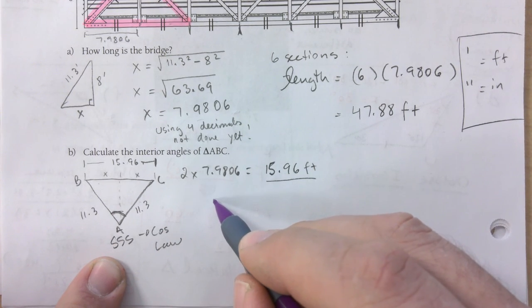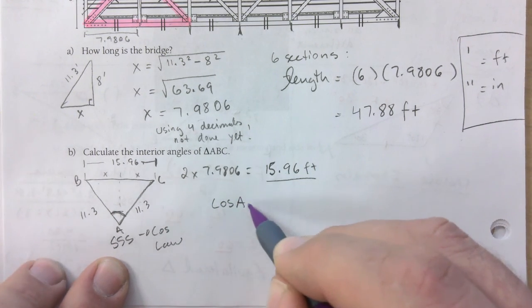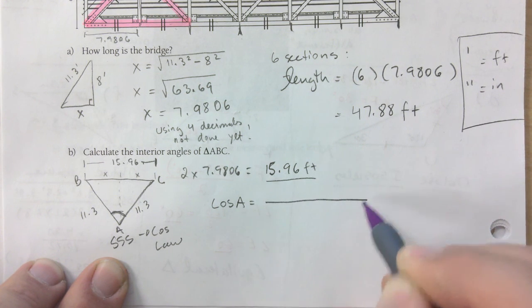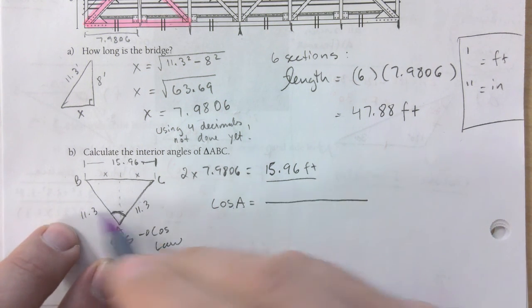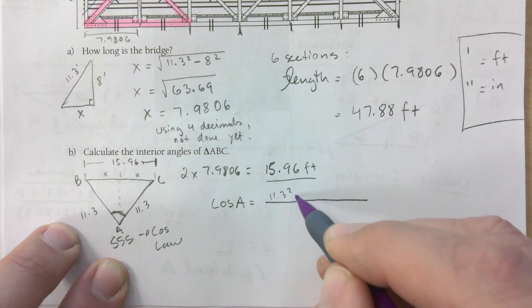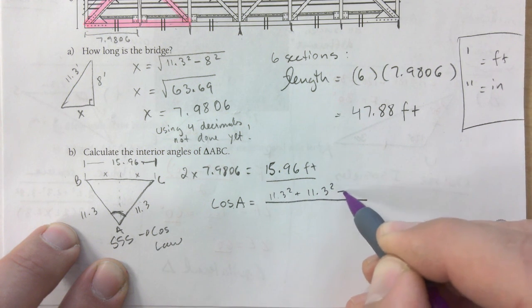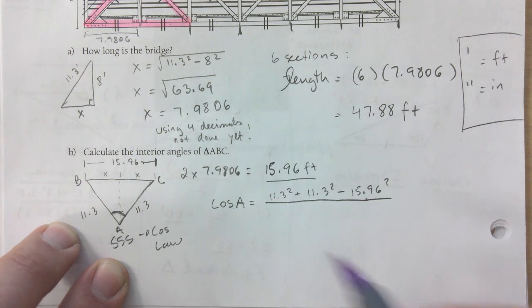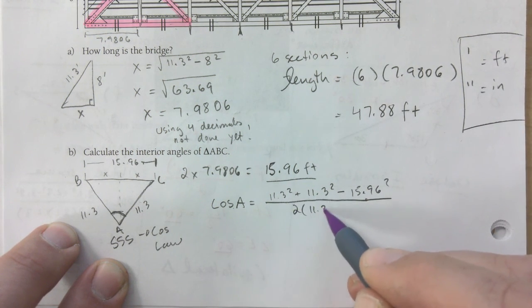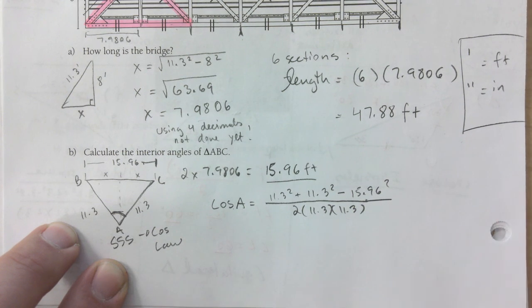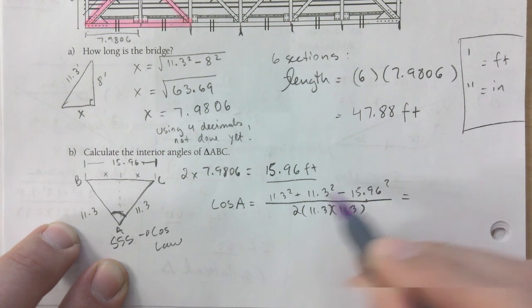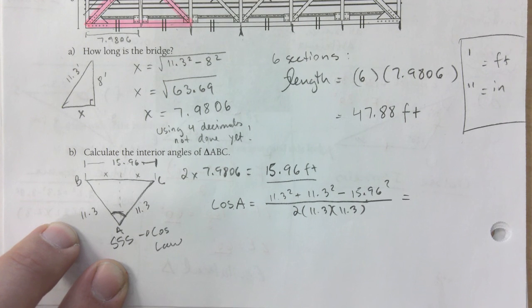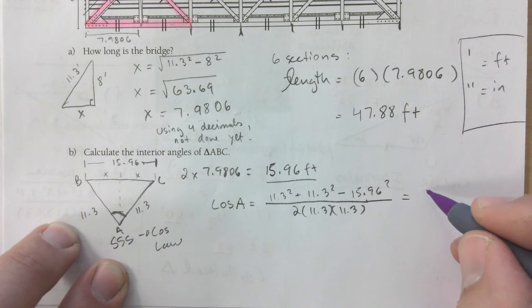So cosine of A would be 11.3 squared plus 11.3 squared minus the side that's across from the angle you're trying to find, squared, all over 2 times 11.3 times 11.3. I'm just going to do it here because I will run out of room if I don't. I encourage you to run along with your calculator.